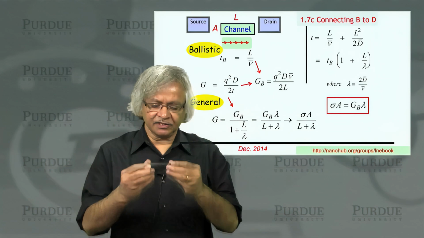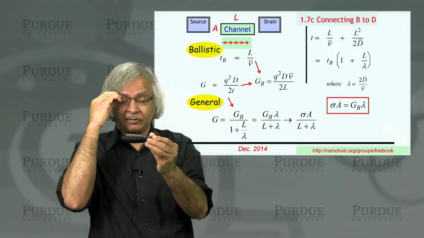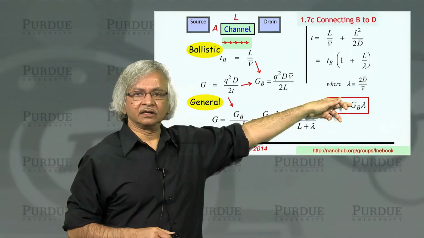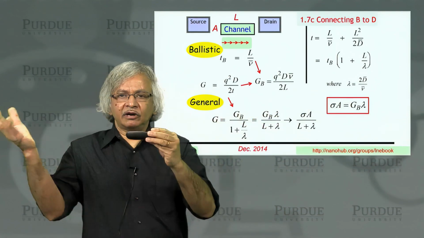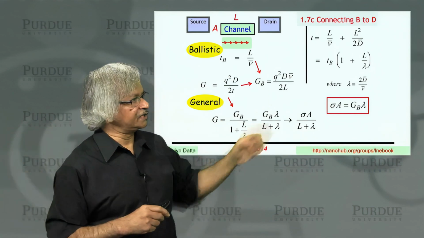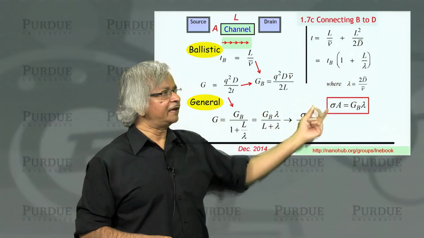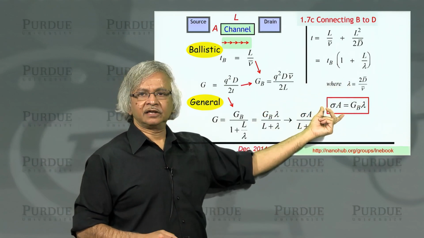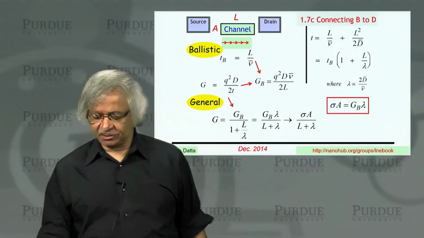That any material, first thing you ask is, if I made it really short, what conductance would I measure? That's this ballistic conductance. That's a material property. And now you ask the question, well, now if I make it long, what is the conductivity? Well, the answer is, take your ballistic conductance multiplied by the mean free path, and that will be this conductivity times area.